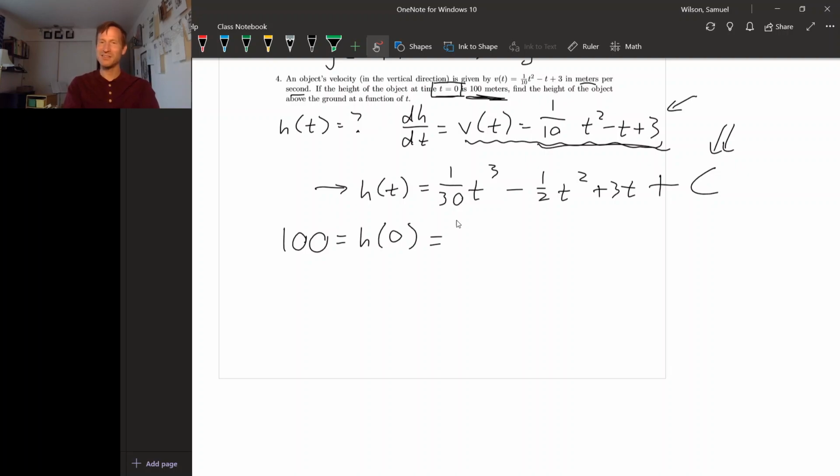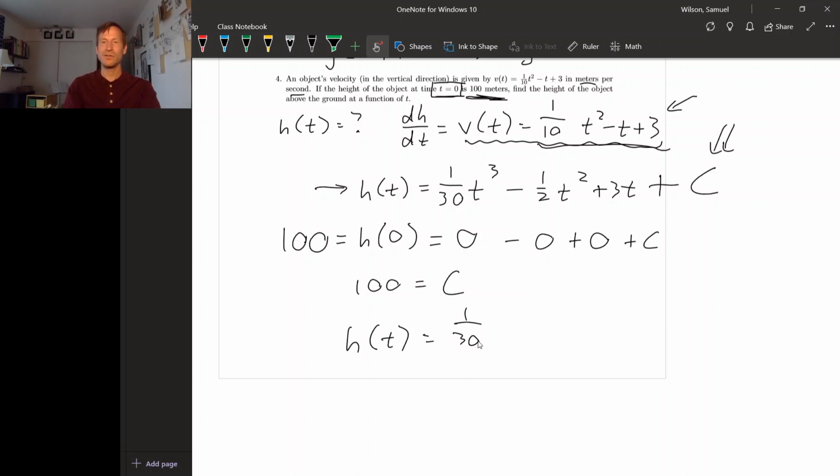But on the other hand, we have a formula for h, so we can plug in t equals 0 into this formula, and we get 0 from this first term, 0 from the second term, 0 from the third term, plus C. And so this gives us an equation that tells us what C is. C is 100. And now that we know what C is, we can write down our height function.